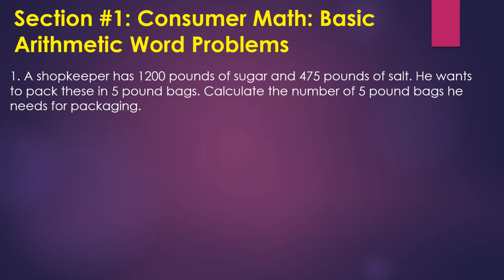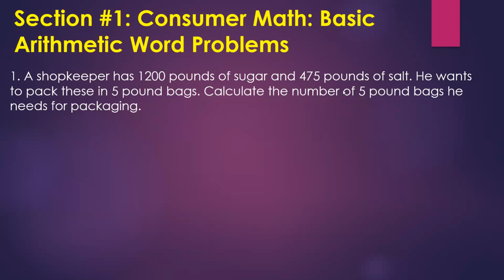Casey, can you read this question as well? A shopkeeper has 1,200 pounds of sugar and 4,705 pounds of salt. He wants to pack these in 5-pound bags. Calculate the number of 5-pound bags he needs for packaging.